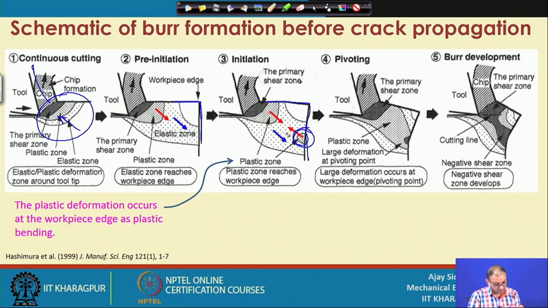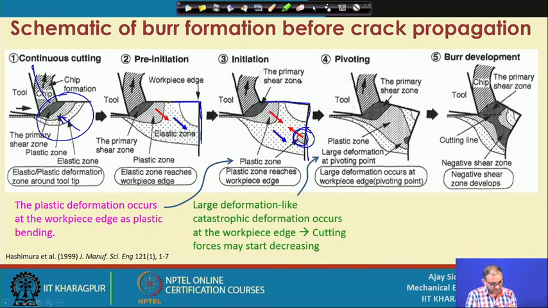In the next stage, these plastic zones will try to connect with each other, because your tool is moving further inside, as you can see in this diagram. Now this whole thing is a plastic zone, and it is pivoting. Pivoting means the initiation of large deformation. You again get a shear zone at this location, not because of the cutting tool interaction but because of the bending of the workpiece.